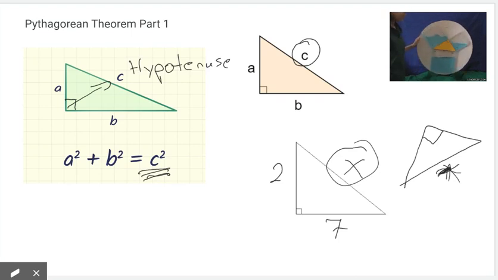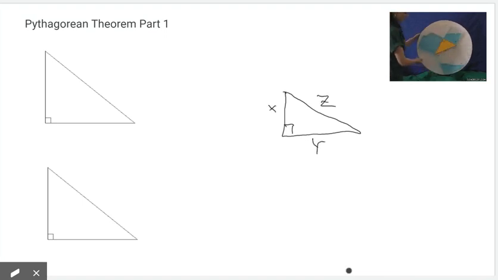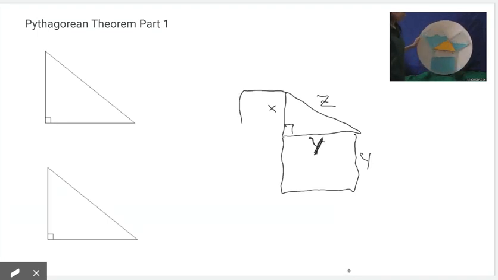Let me go to the next slide to show what that comes from. Let's say you've got a triangle here with sides x, y, and z. Well, x squared plus y squared equals z squared. But also, what is y squared? It would be the area of a square right here with sides y times y, and this side would be a square with sides x times x.